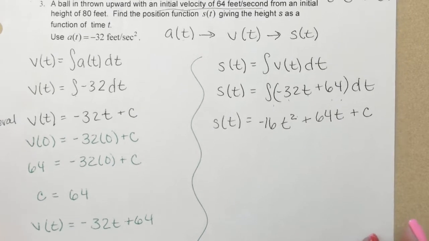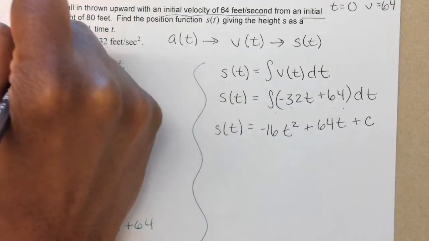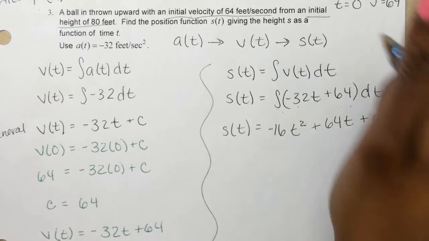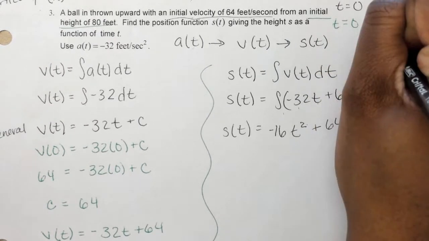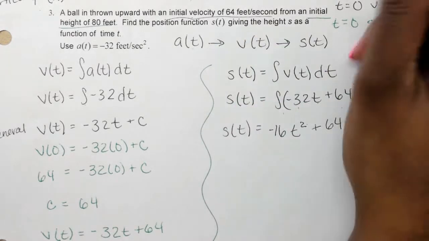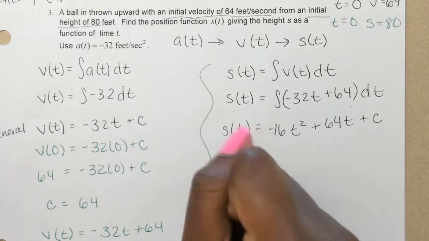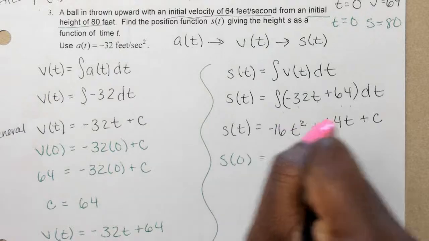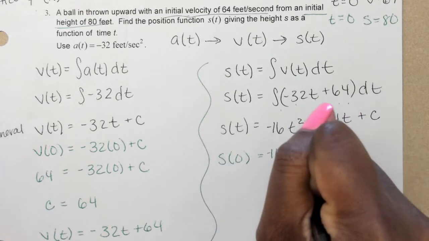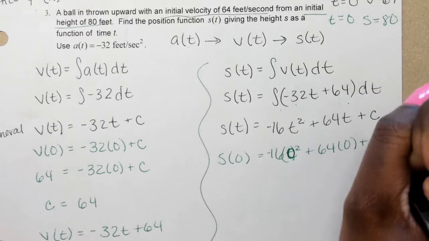Okay, so this problem says that we have an initial height of 80 feet. Now, if that's our initial height, that means that at t equals 0, s, which we are saying is the variable for height, is equal to 80. So s of 0 is equal to negative 16 t squared plus 64 times 0 plus c.